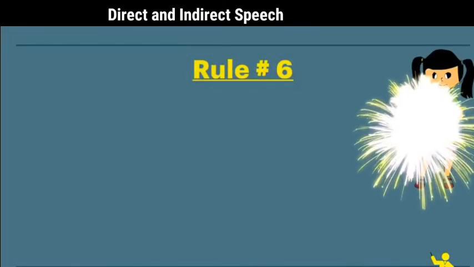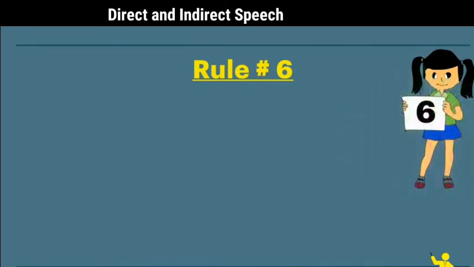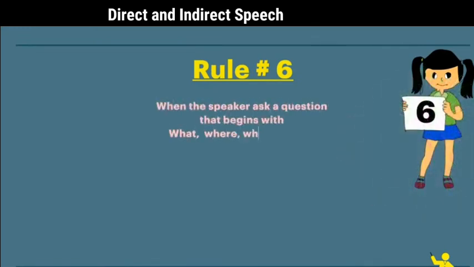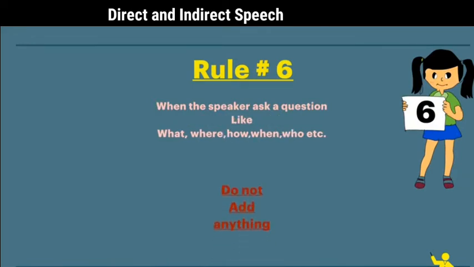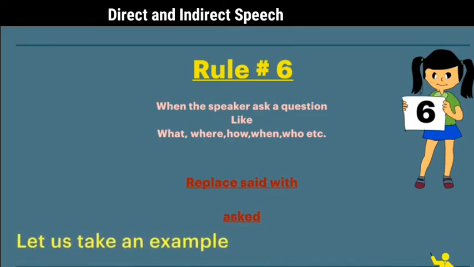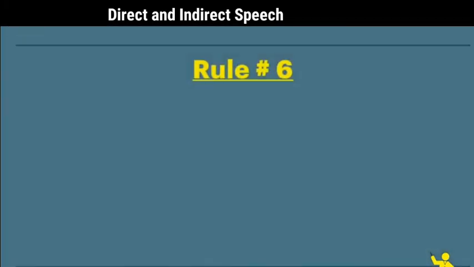Now rule number 6. When the speaker asks a question that begins with what, where, who, how, etc., do not add anything. Replace said with asked. Let us take an example.